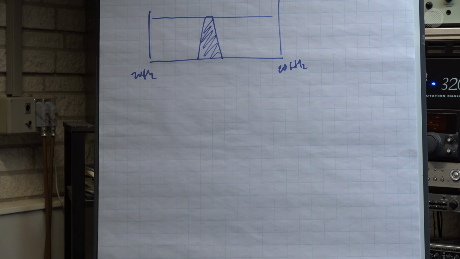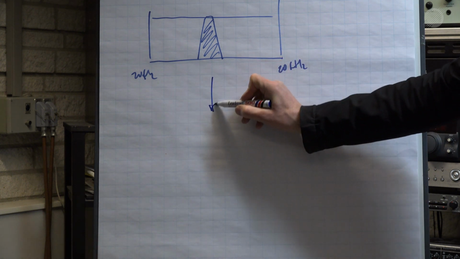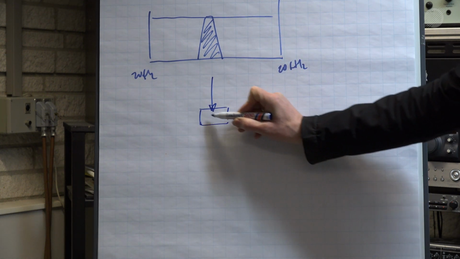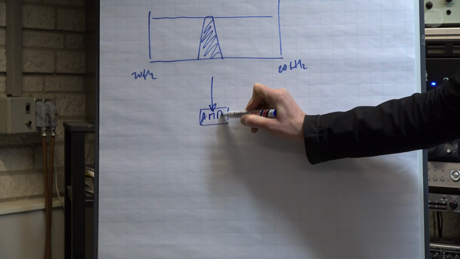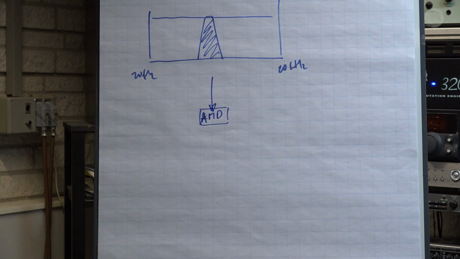In the example that I just showed, we had the outputs of the filters going to the VU meters on the mixing desk. Now, instead of monitoring the level at a certain filter output with a VU meter, I can also send that output to a device that is called an amplitude demodulator, AMD, which is sometimes also called an envelope follower.